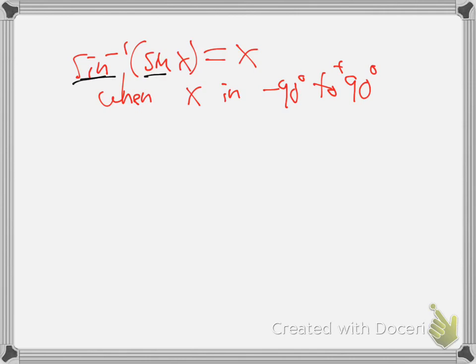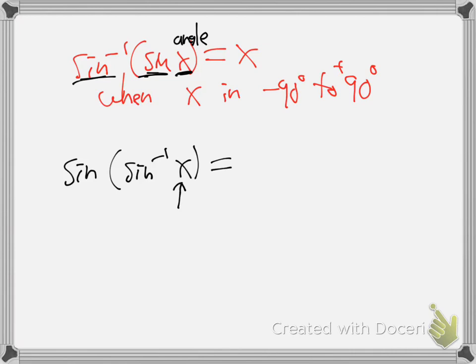What if I switch these guys? Well, right now, what is this x right here? Do you see this x as an angle? This x is an angle. But if I rewrite this and put the regular sine on the outside, and put the inverse on the inside, this x is not an angle. It's an answer. Why? Because it's being put into sine inverse.